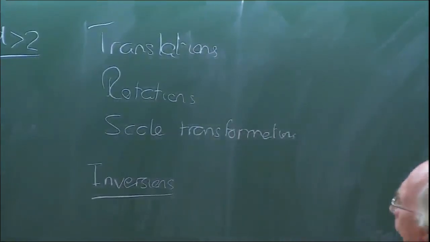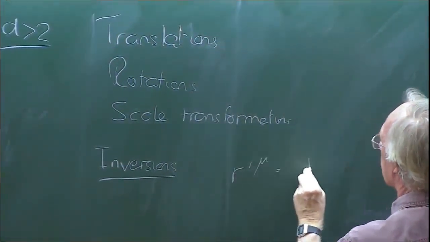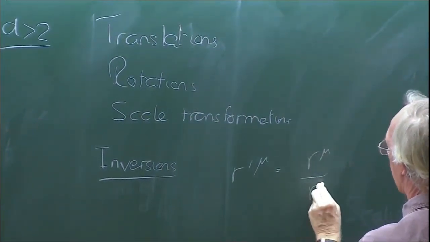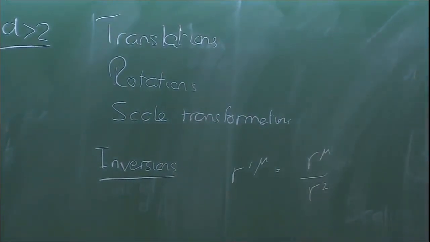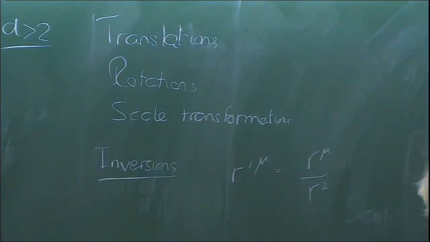So an inversion is when r prime mu is equal to r mu over r squared. Okay, so in order to get an inversion, what we do is to draw a sphere of unit radius at some origin. Because we have translational invariance, I don't have to do this about the origin, but that's what I've chosen to here.